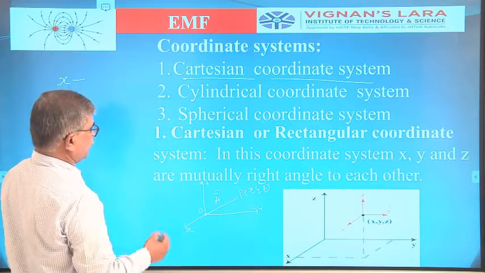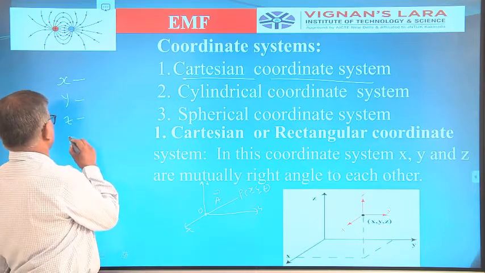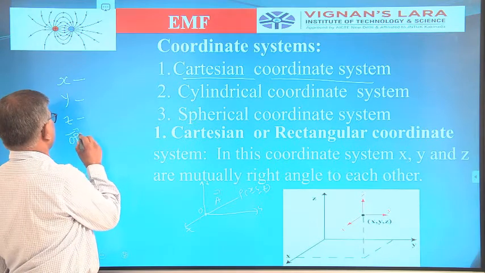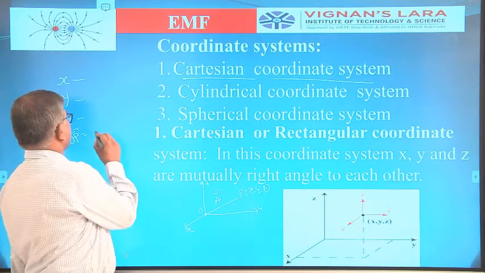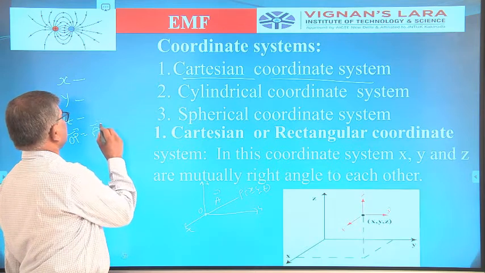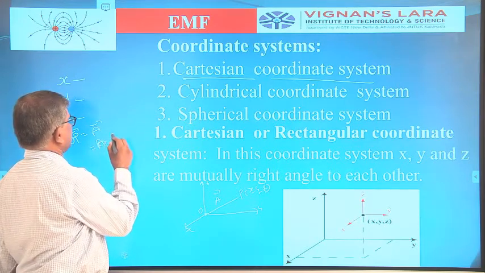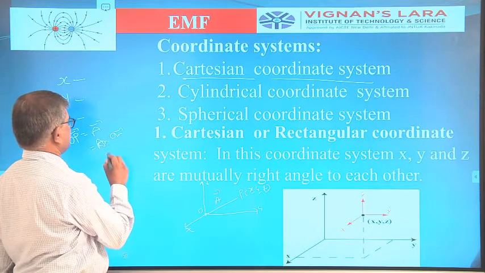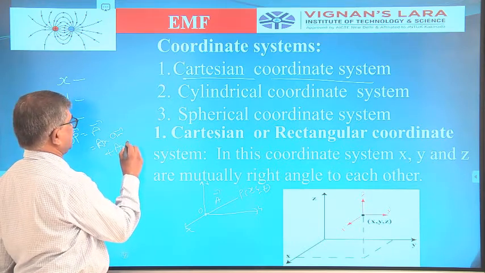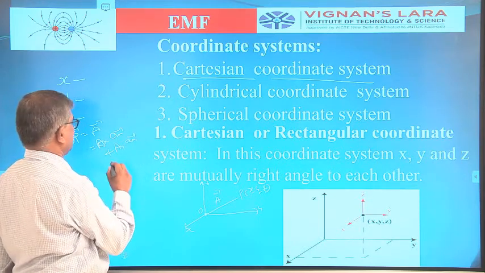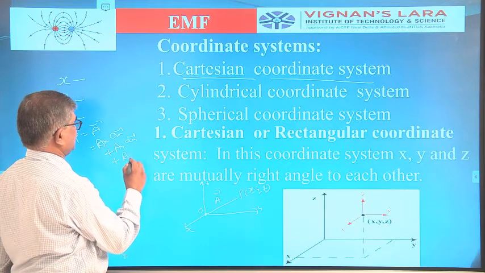Here the position vector OP bar equals A bar equals AX bar plus AY bar plus AZ bar.